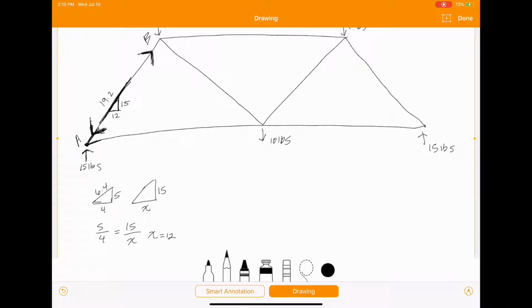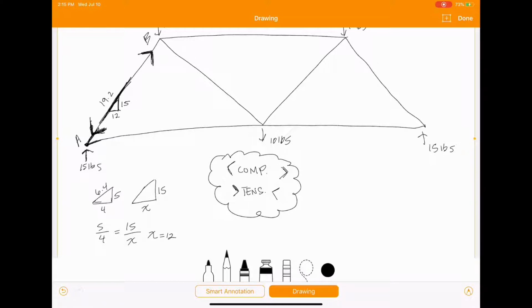Now, when we're doing this method, arrows that act away from each other, like these, indicates compression. Now, if you end up with arrows that are acting like that, that indicates tension. So this is a little counterintuitive to what you would think.